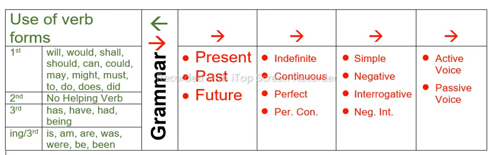For example, I write is a simple sentence, and to make it negative, I do not write, and do I write, and do I not write. They are simple, negative, interrogative, and negative interrogative.